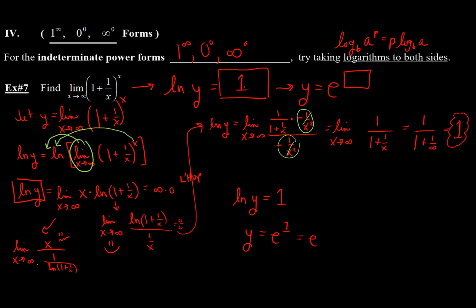Okay, so don't forget that part. So then we just put it together. The original limit, which we had set equal to y, is equal to e to the 1. Nice, huh?